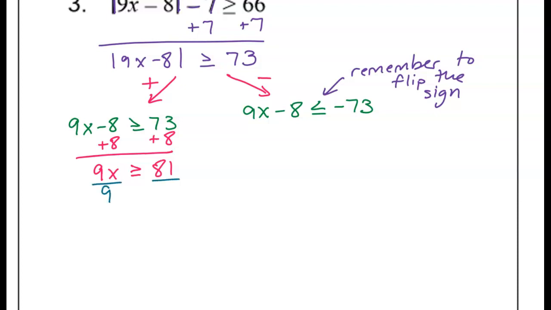Opposite operation means we divide both sides by 9. And I have x is greater than or equal to 81 divided by 9 is 9. So that's my first boundary point, it's called. Then I do the exact same process over here on the negatives. I add 8. And I have 9x is less than or equal to negative 73 plus 8 is a 65.